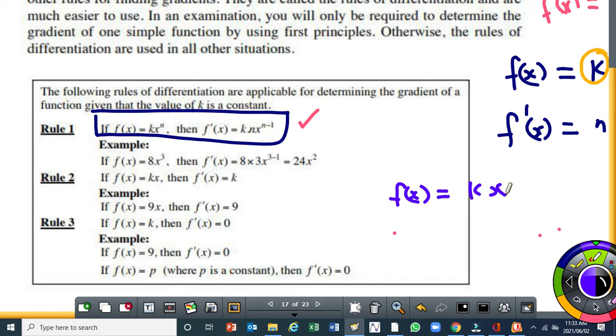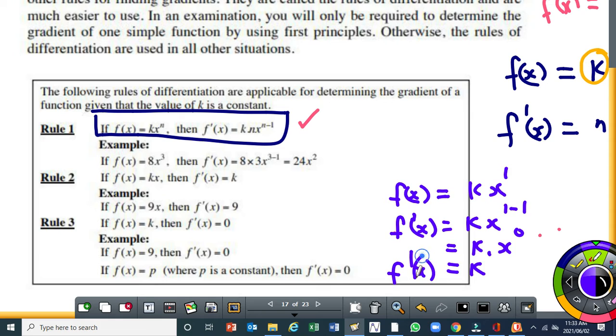If we use rule number 1, our f prime of x will be equal to, the exponent here will be a 1, so 1 times k will give you kx to the power of 1 minus 1. We know that x to the power of 0 is 1, so you end up getting k. So the derivative of a constant times a variable is equal to that constant.